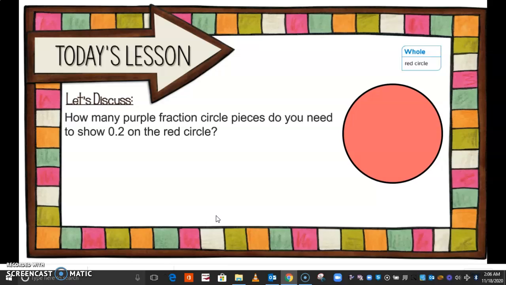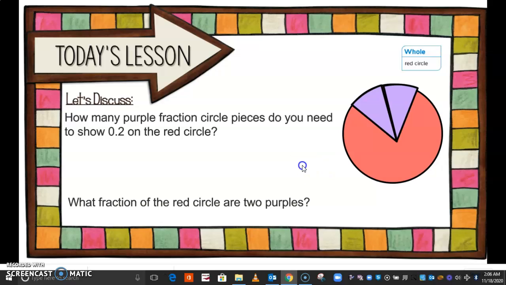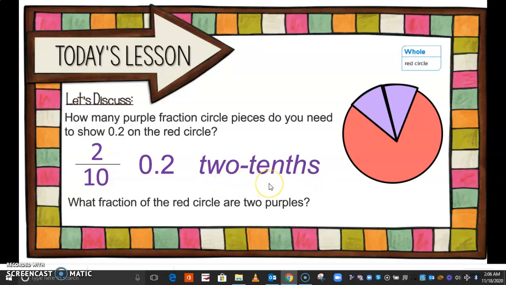Okay, so we can do the same thing with other fractions, guys. If we wanted to show 2/10 of a red circle, well, we would show two fraction pieces, right? What fraction of the red circle are 2? 2 out of the 10. Or as a decimal, 0.2. If we wanted to write it out, it would say two tenths.